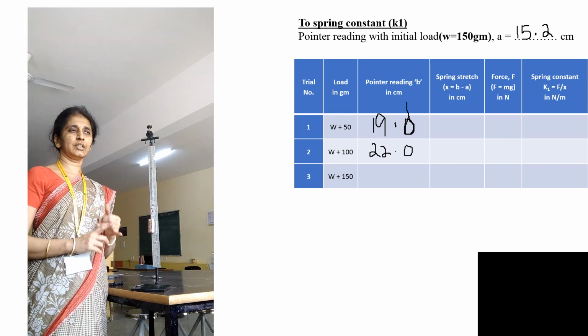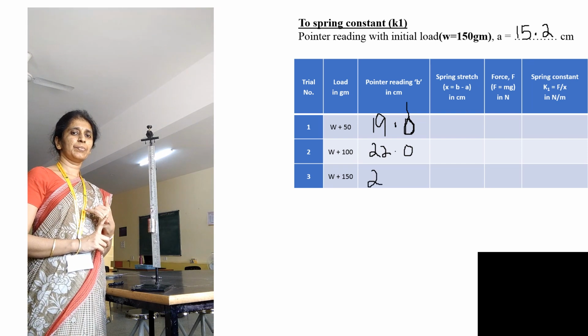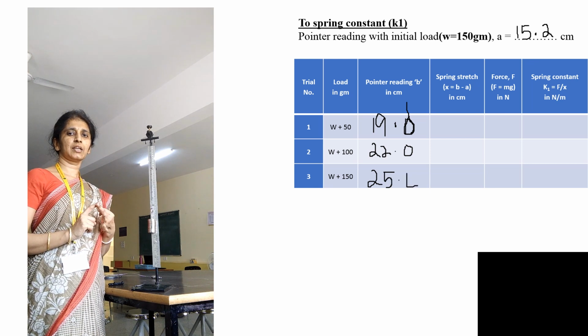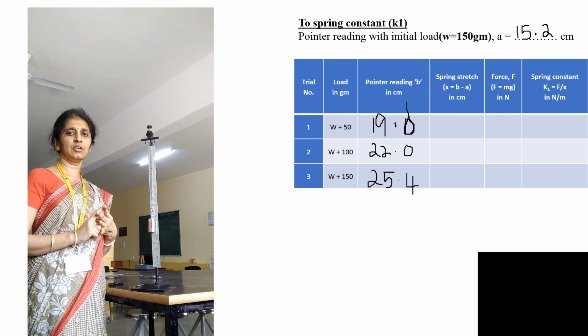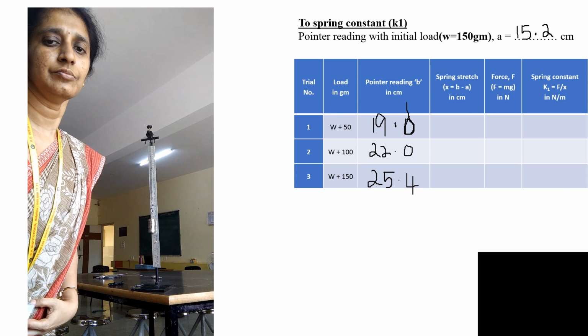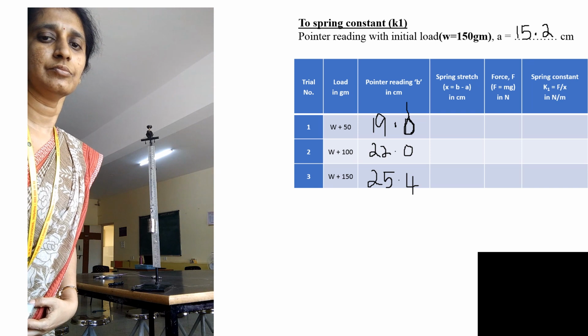So we have noted the initial load and then applied three loads to the initial load: one with 50 gram, another with 100 gram, another with 150 gram. Now calculate the spring stretch for 50 gram, 100 gram and 150 gram respectively.